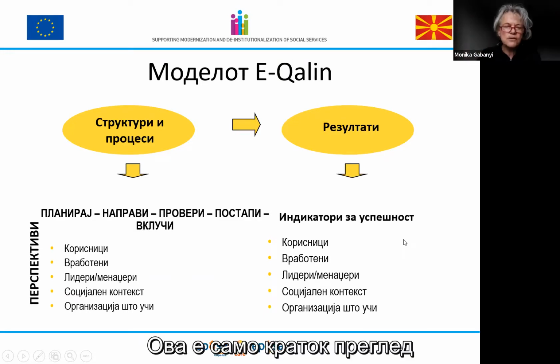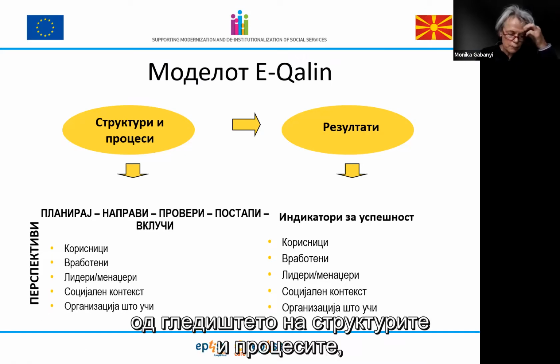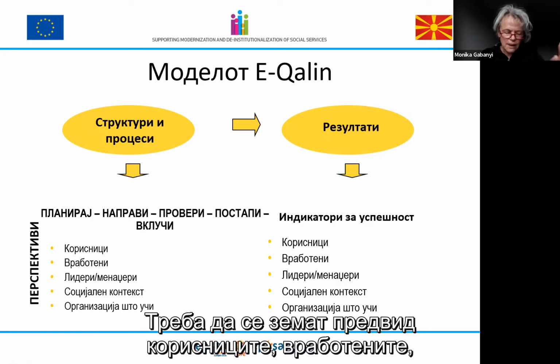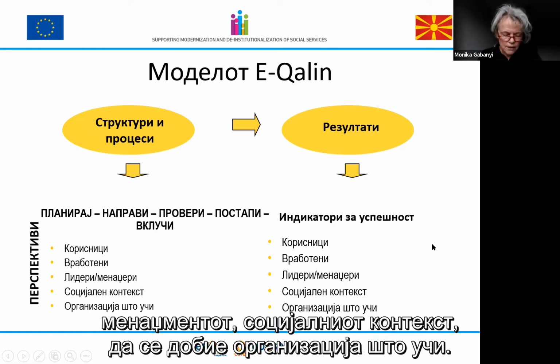So it just gives you the short overview: the perspective, structure, process, the perspectives, plan, do, check, act, involving the residents, the staff, the management, the social context, taking into consideration and becoming a learning organization.